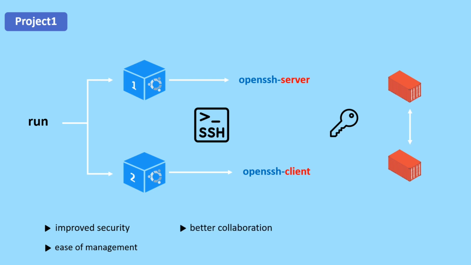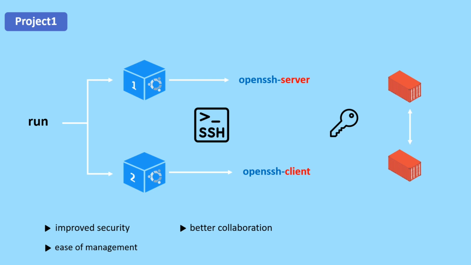Third is better collaboration. With this project, you can enable multiple team members to work on the same application simultaneously, as each team member can have their own container that can communicate with other containers over SSH.